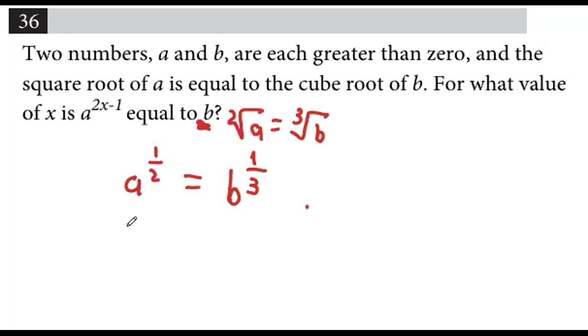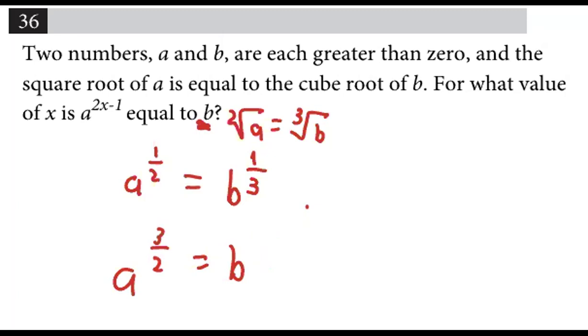So it would be a to the power of 3 over 2 equals b to the power of 3 over 3. b to the power of 3 over 3 is just b to the first power, which is just b. So this gets us a to the power of 3 over 2 equals b.